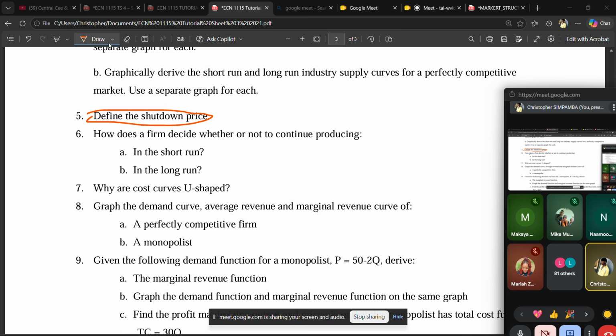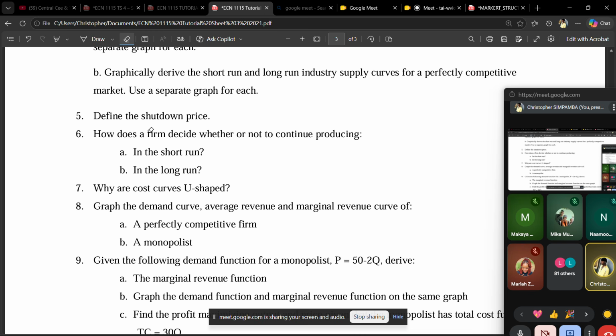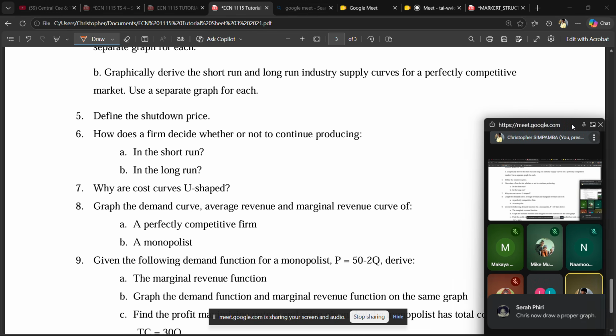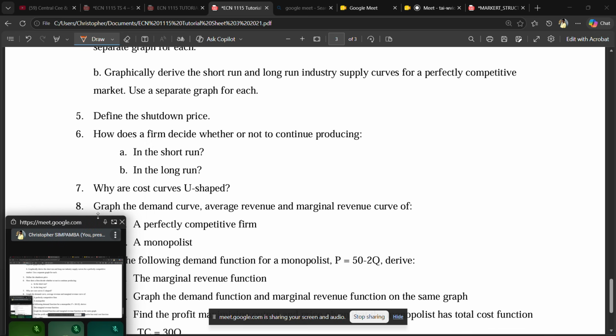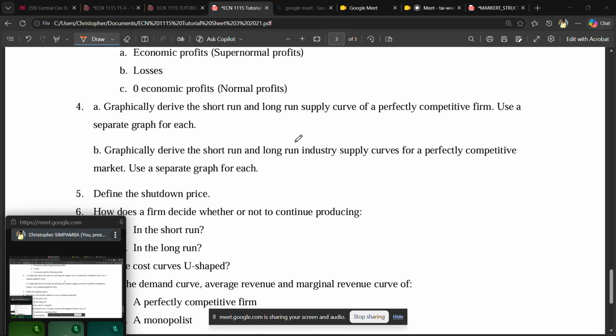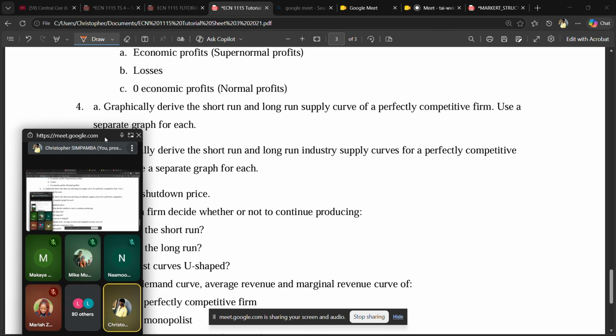Question 5 was saying define the shutdown price and draw the proper graph. For which one? I did the same graphs that I drew, they are just proper graphs. What else do you want me to draw?